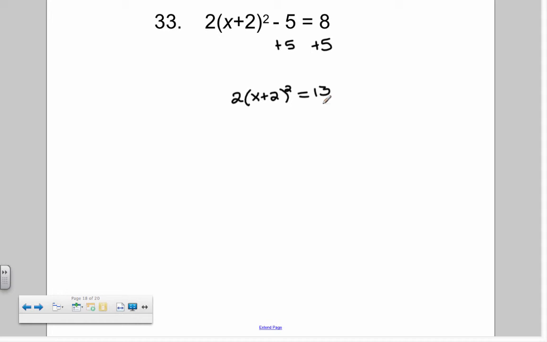And now I need to multiply both sides, or excuse me, undo this multiplying by 2 by dividing by 2 on both sides.